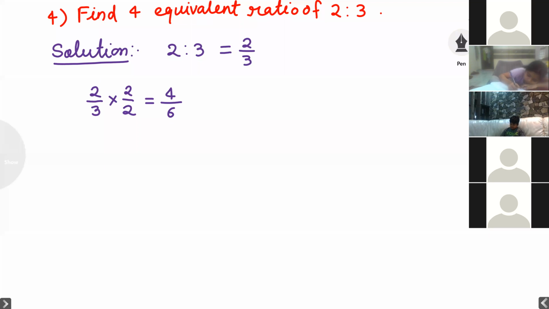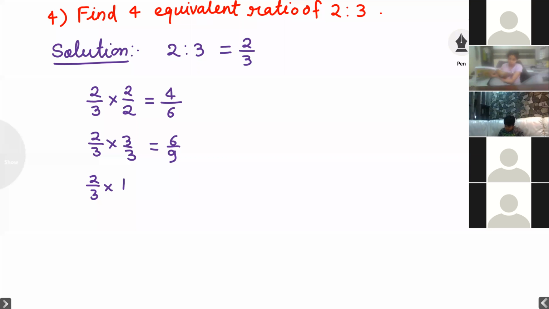Next, 2 by 3 multiplied by 3: 2 threes are 6 and 3 threes are 9. Again 2 by 3, multiply 4 into numerator and denominator: 8 by 12. Then multiply 5: 10 by 15.